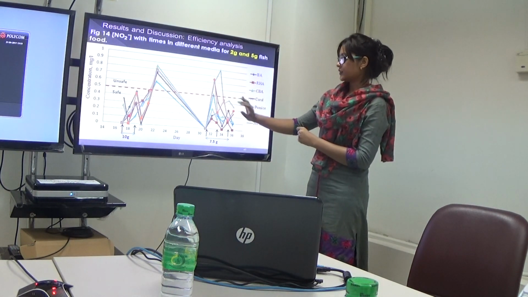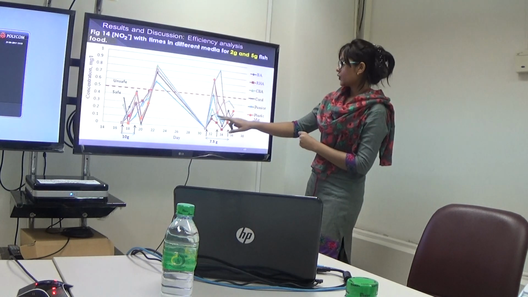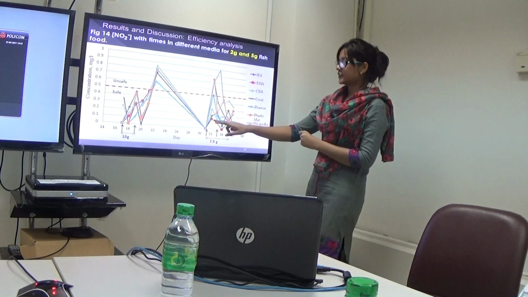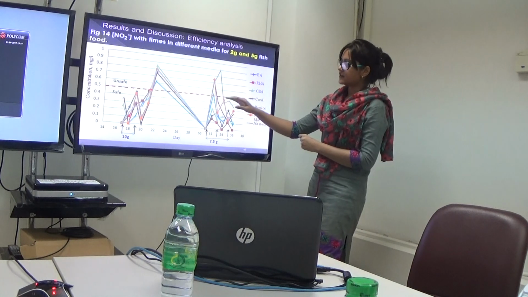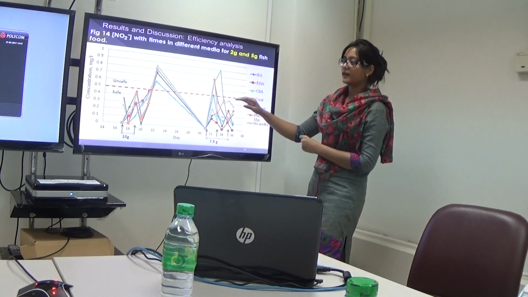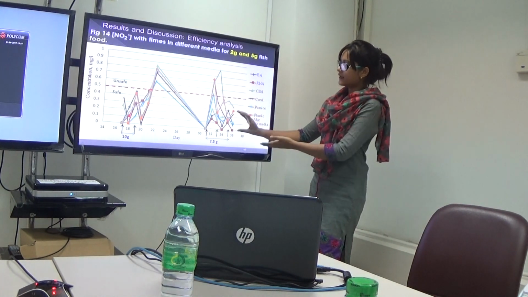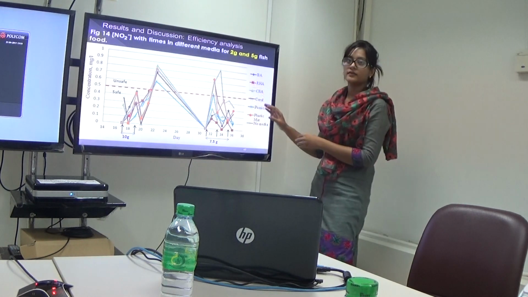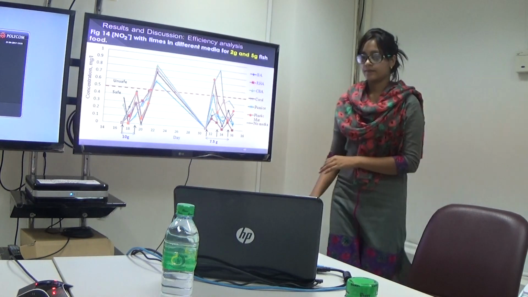Plastic mat also crosses, but rice husk, colbotum ash, bagasse are below the safe limit. It means it is actually safe, not unsafe, for using 7.5 gram.